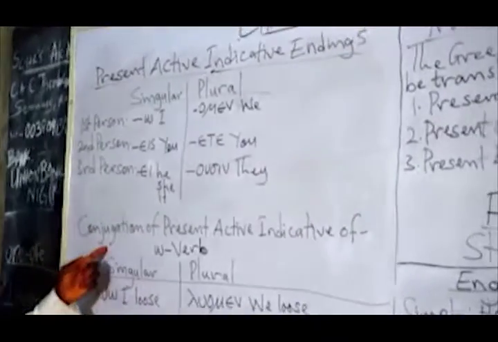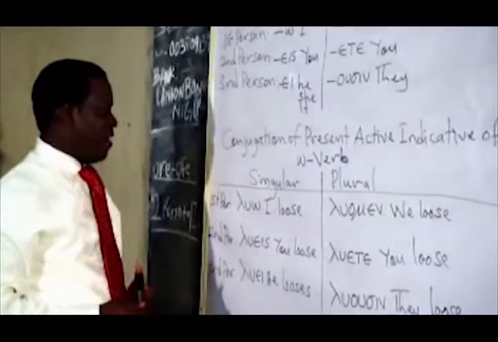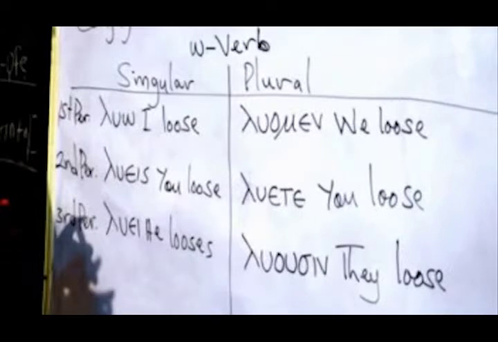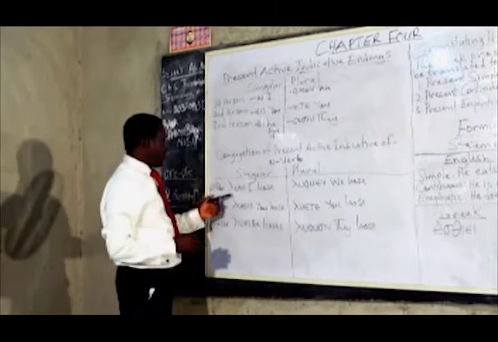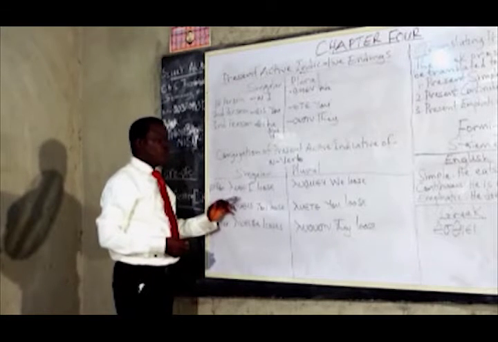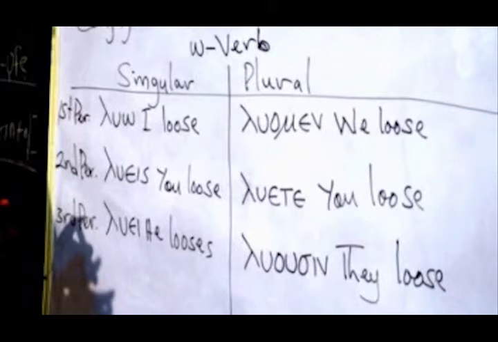Now let's look at how they appear with verbs. We look at the conjugation of present active indicative of omega verb. First, the verb we are going to consider here is the conjugation of luo. We are going to look at luo, singular and plural, and how these endings are applied to the verb called luo. In the first person singular, we have luo, which means I lose. In the plural, we have luomen, which means we lose.